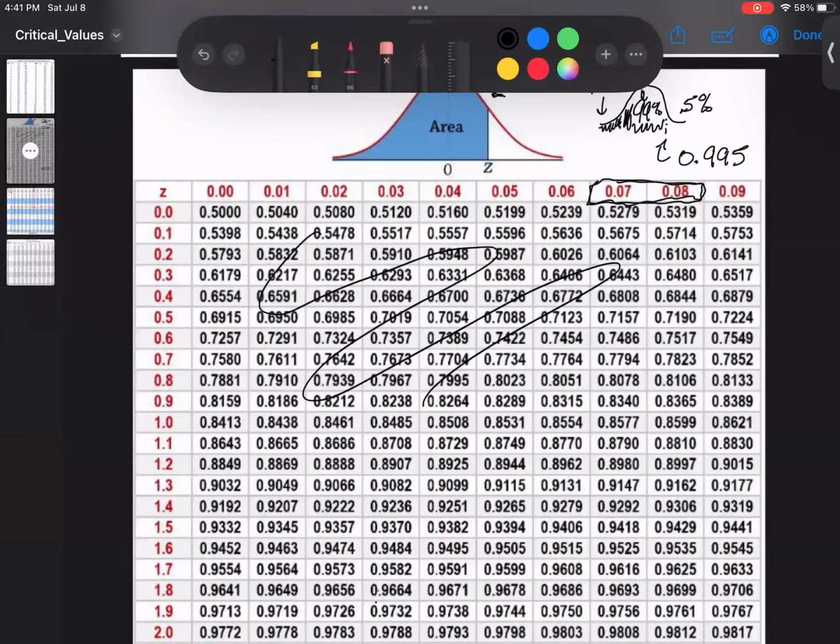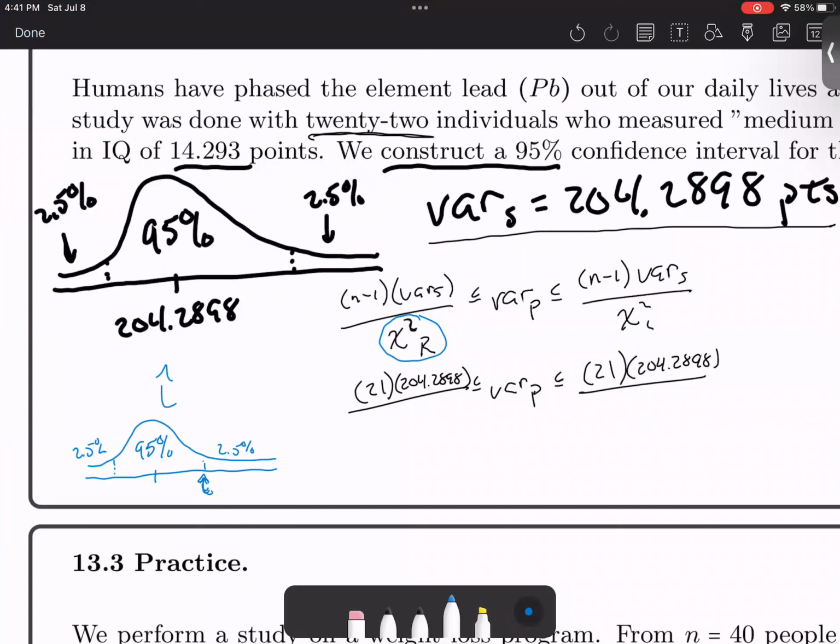So if we go back to our picture and we're looking for this value right here, the chi-square right value, there's 2.5% of the area to the right of that. So let's go down our table in our degrees of freedom. We had 22 individuals, n-1 was 21.